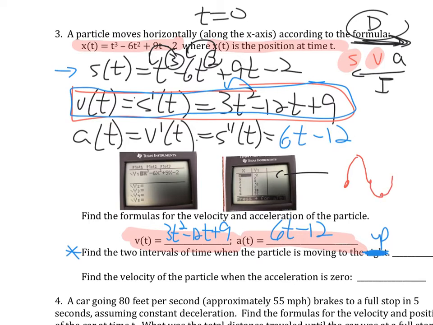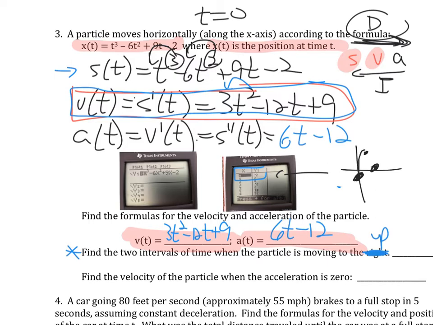Then back up to 2 again. So according to the table, let me draw a better graph here, here's my axis. When x is 0, y is -2. When x is 1, y is 2. When x is 2, y is 0. So it's going up from 0 to 1.